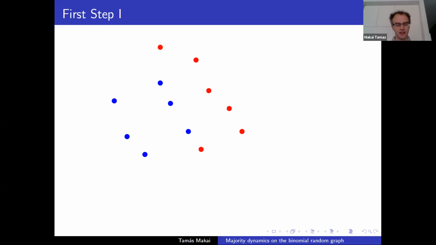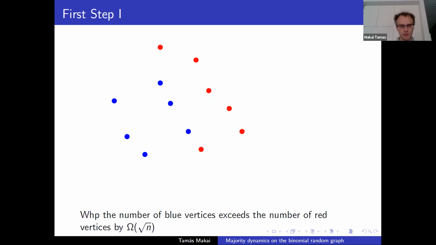So let's see how this goes. We're given the vertices in the graph, and as I said, we start by exposing the colors of the vertices. So the number of blue vertices in the graph is a binomial n, 1/2.